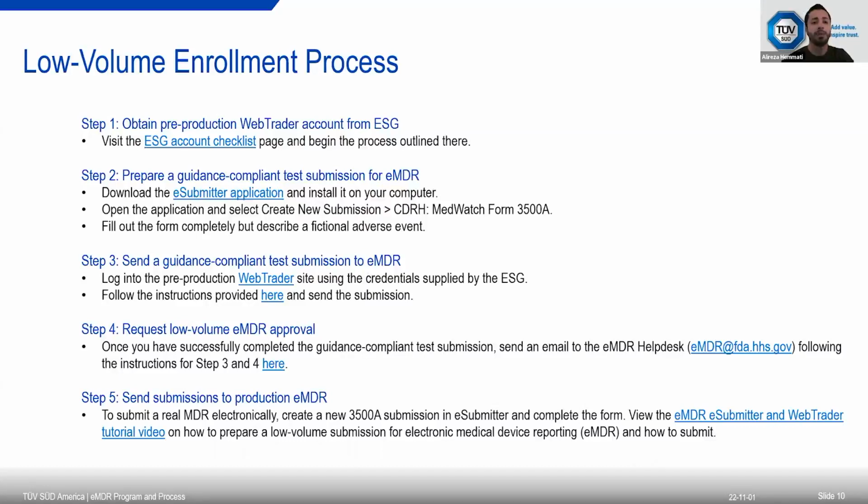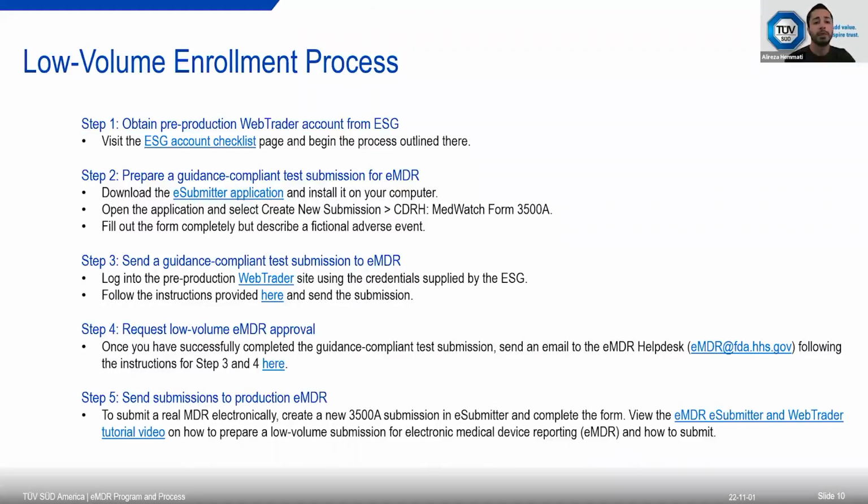You obtain a pre-production web trader account from ESG. You can follow the instructions in the link provided there and set up your web trader account. You will note that there are preparatory activities such as obtaining a digital certificate that you will have to perform in order to set up a production account.